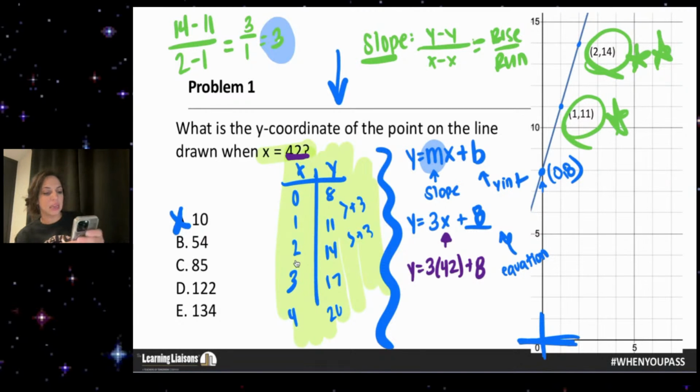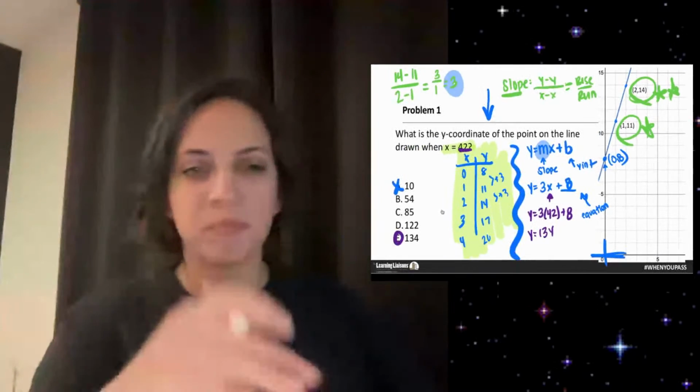Plug that into my handy dandy calculator. 134. So the y value when x equals 42 is 134, which is E.